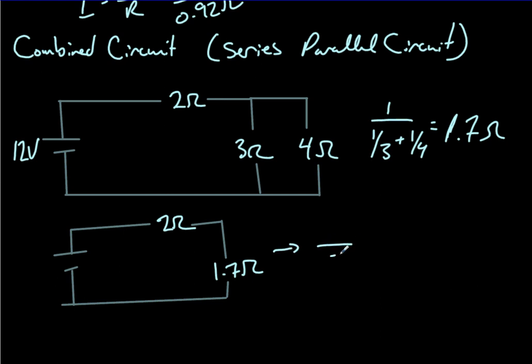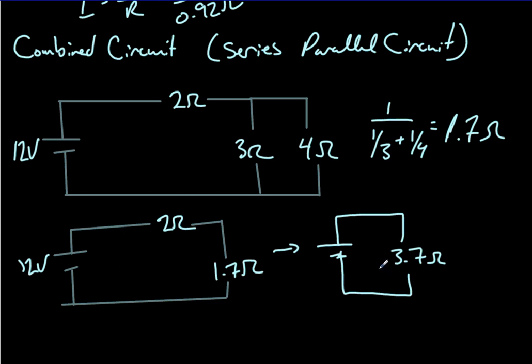As you continue to pare this down to its equivalent form, you add them together now that they're in series. From the perspective of this source of potential, it feels as if there's one 3.7 ohm resistor in the whole circuit. So we've pared it down to its equivalent resistance.